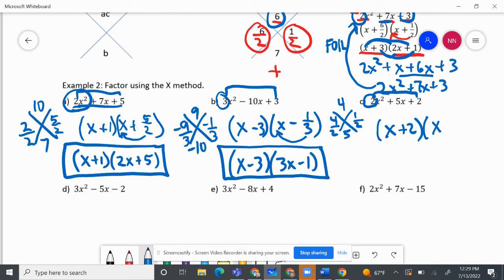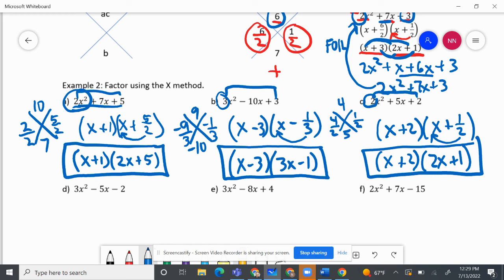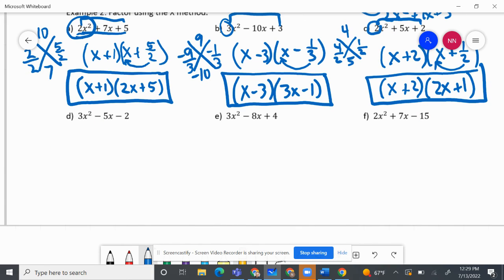And then what we have is x plus 1 half. Once again, our denominator is 2. We're going to bring it up. So it becomes x plus 2 and 2x plus 1. Pause the video and try those next three and see how you do.